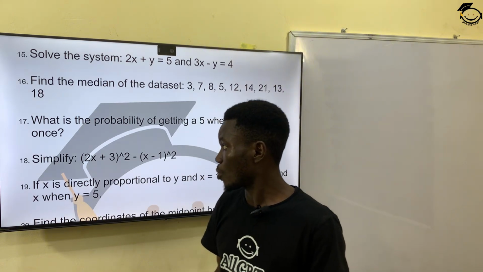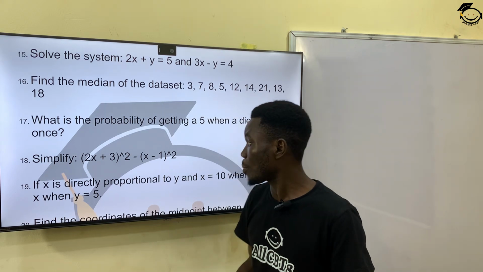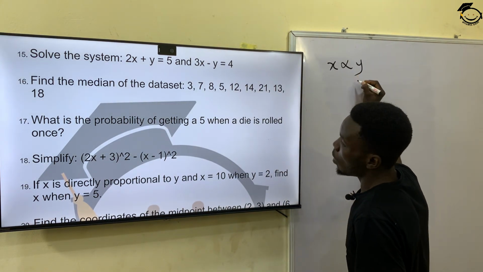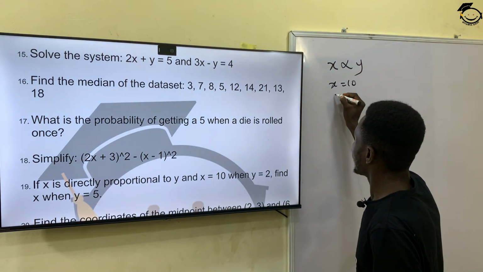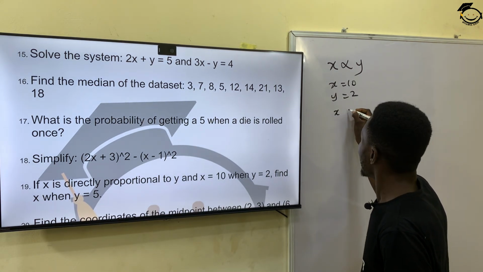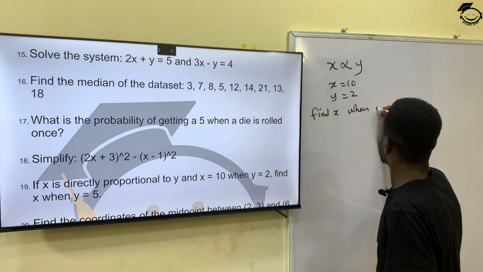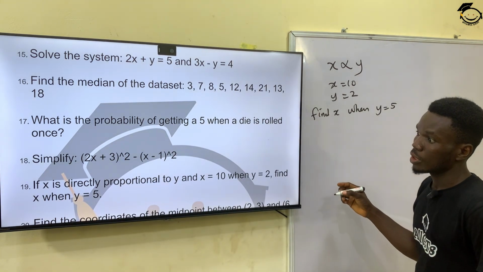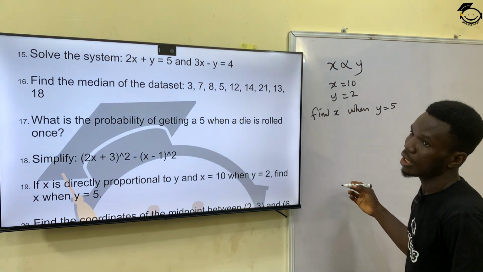That is also the next question, which is question number 19, which says if x is directly proportional to y and x is equal to 10 when y is 2, find x when y is equal to 5. So this is a direct proportionality. The first thing introduced in variation or proportionality is a constant.